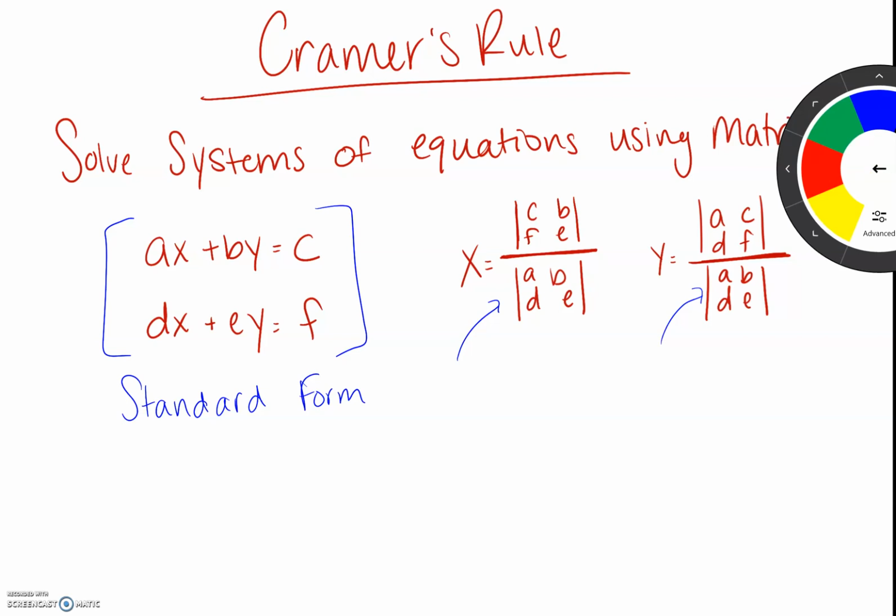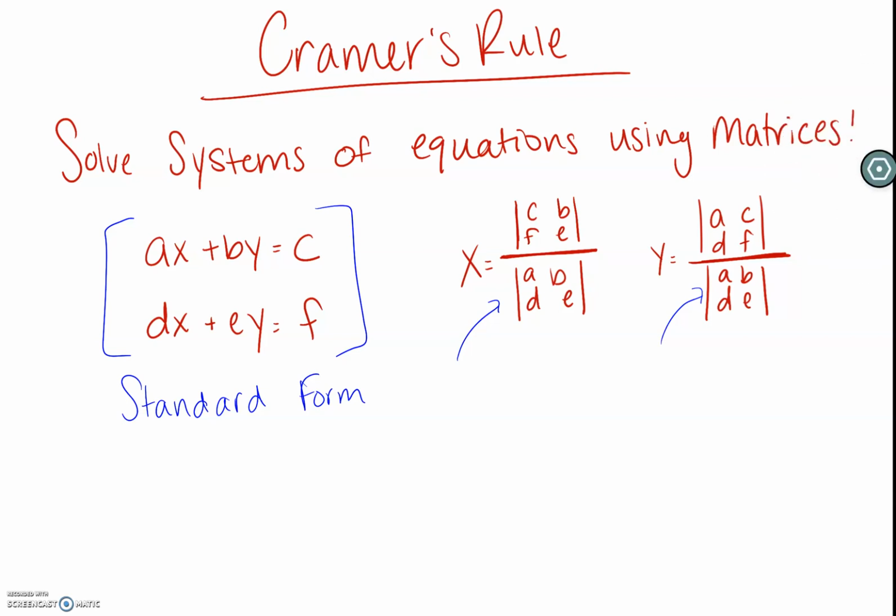So we can see, let's do green. In the formula to find our x value, we see that we have the letters in here, C, B, F, and E. If we look over here to see where those letters came from, we can see that B and E are the coefficients on y.